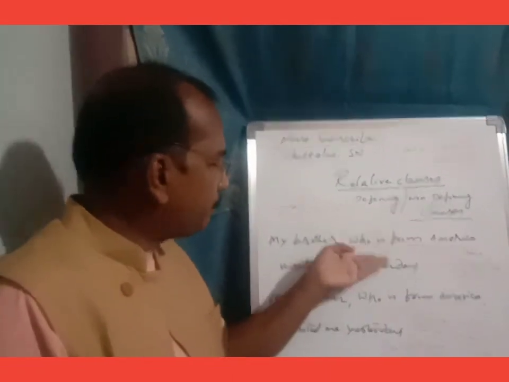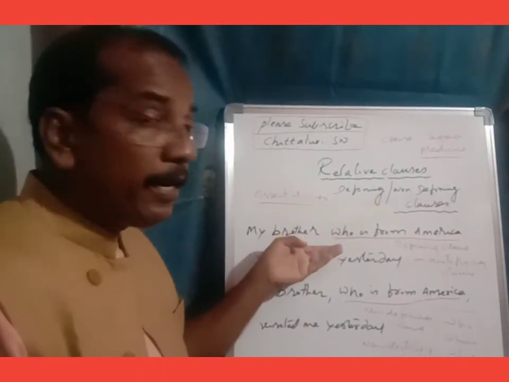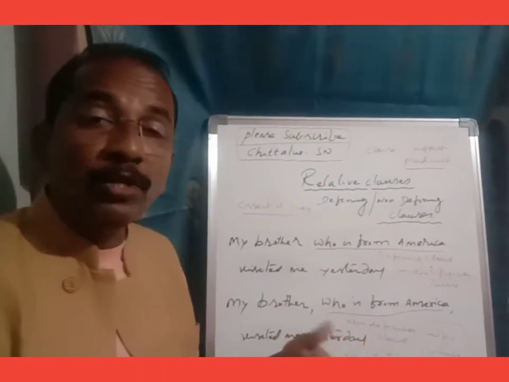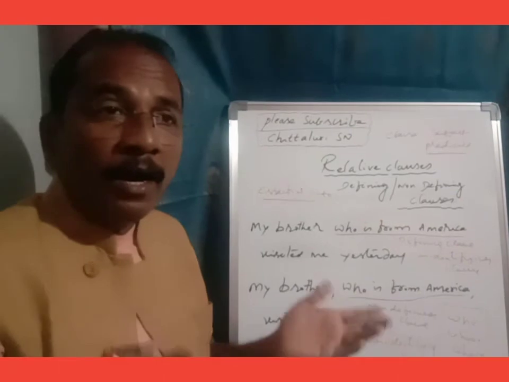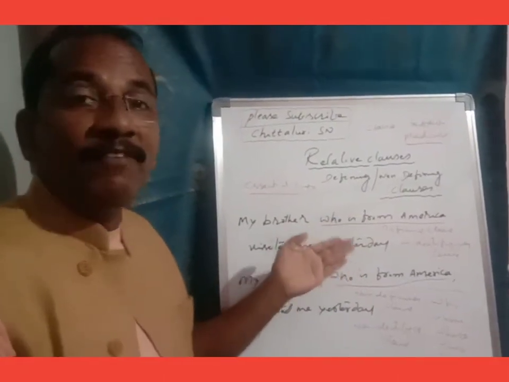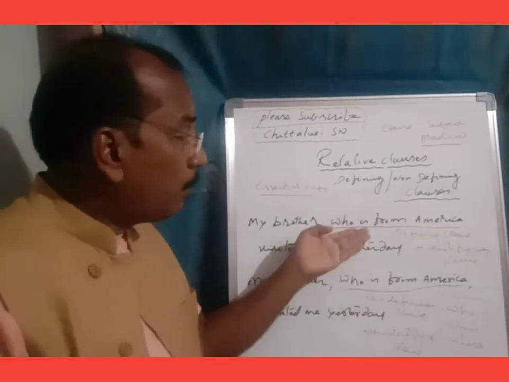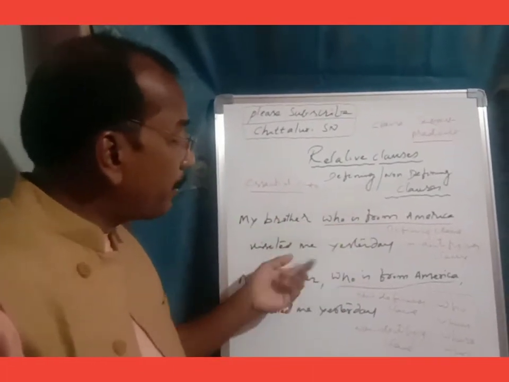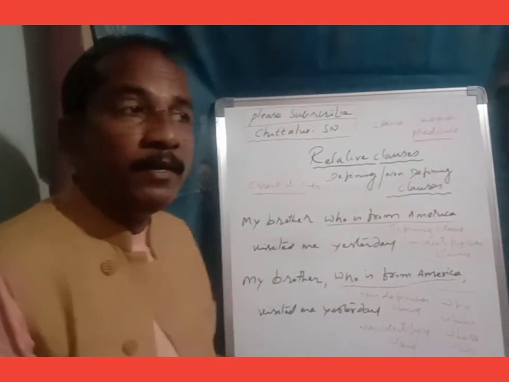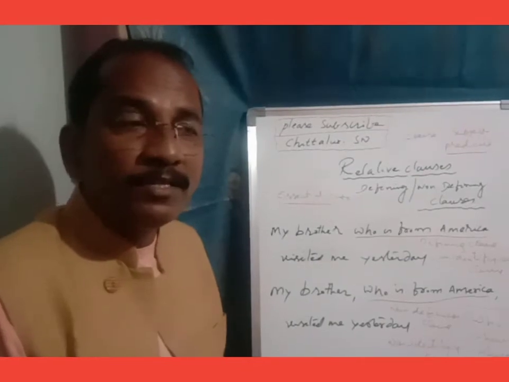But in the other sentence, My brother who is from America, in the sense, here I may have more than one brother. A particular brother who is from America only visited me yesterday. Do I have one brother or two or three brothers?